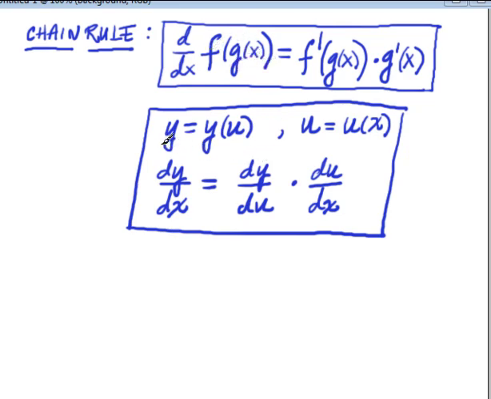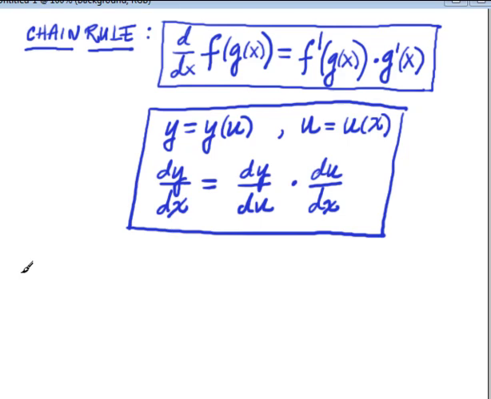But read this as y is a function of u. In other words, y is a function whose variable is u. u is a function whose variable is x. So what is dy dx? Well, first we do dy du. We take the derivative of this, and we multiply by du dx. We multiply by the derivative of this. So we'll be using both forms of the chain rule. We'll start with the top form of the chain rule.